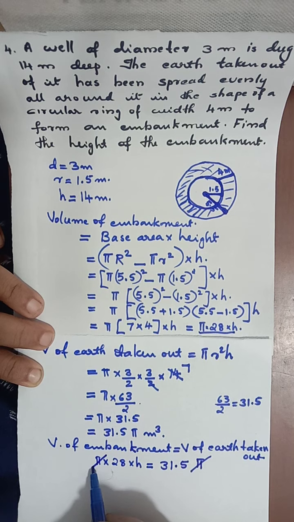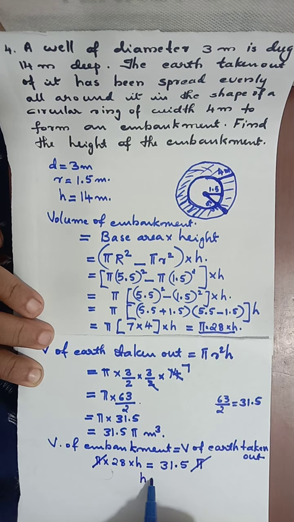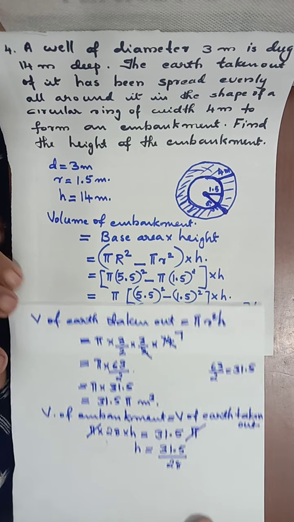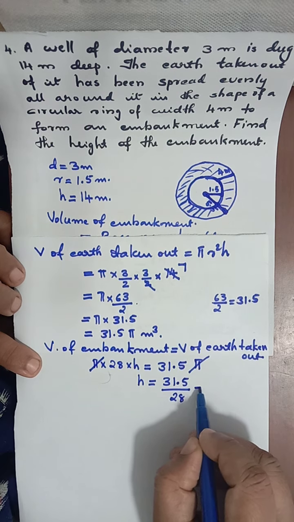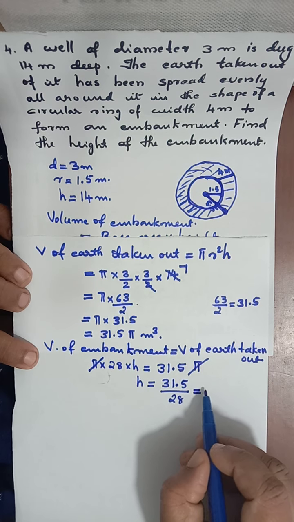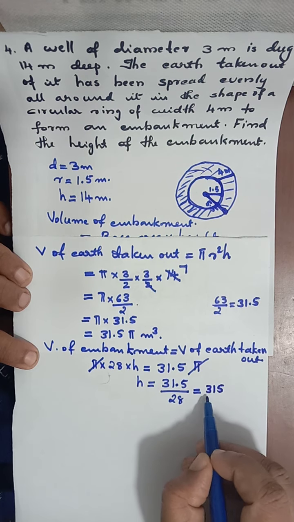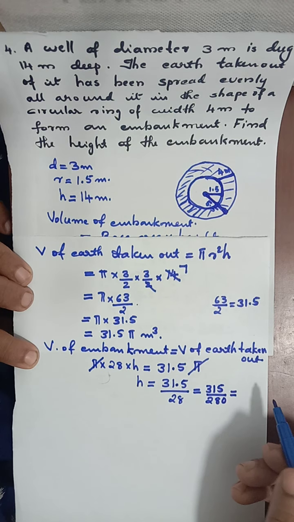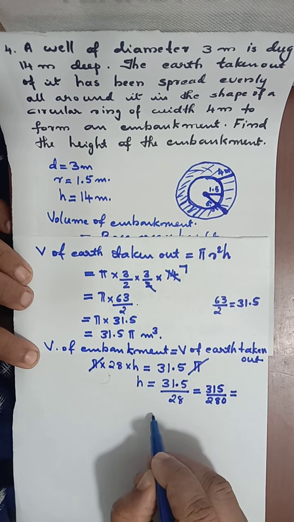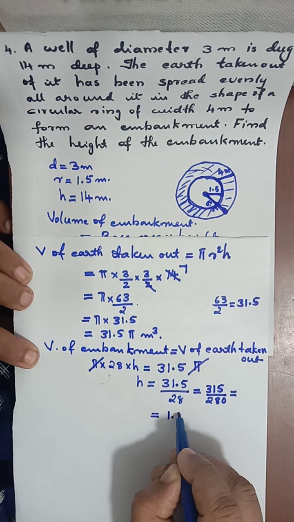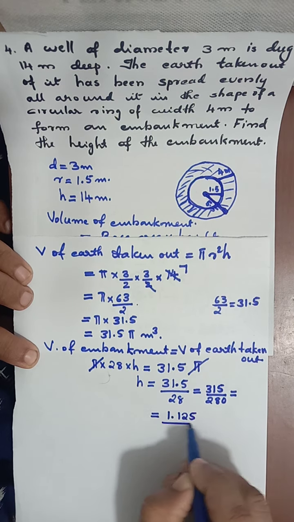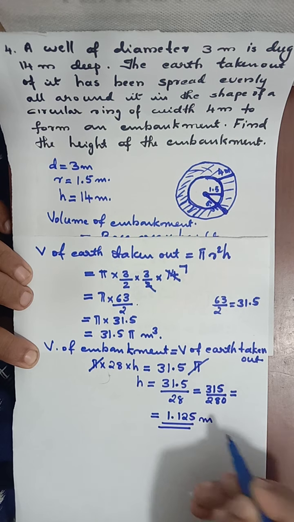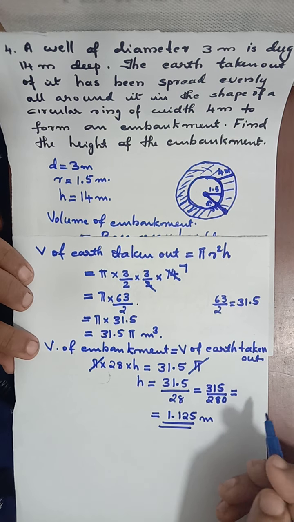We can cancel pi, that's why I did not multiply. h is equal to 31.5 divided by 28. You can remove the decimal by multiplying by 10, so it becomes 315 by 280. You can cancel and get your answer, or divide it and get the answer. Simplify, you are going to get 1.125 meter as the height of the embankment.